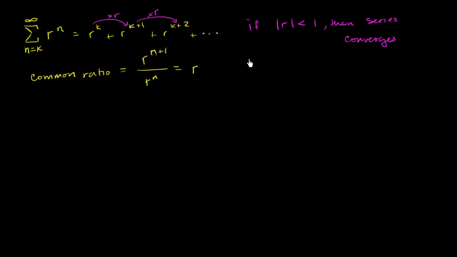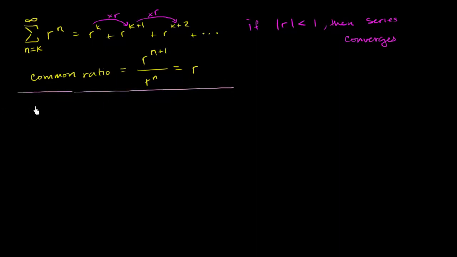And that made sense. We've proven it as well, but it also makes logical sense that if the absolute value of r is less than 1, then each term is going to be multiplied by that common ratio, and it's going to decrease on and on and on. And so it makes sense that even though this is an infinite sum, it will converge to a finite value.